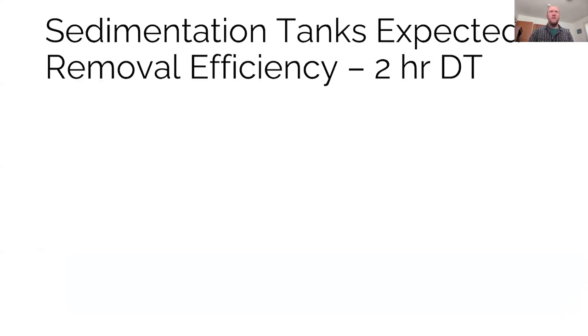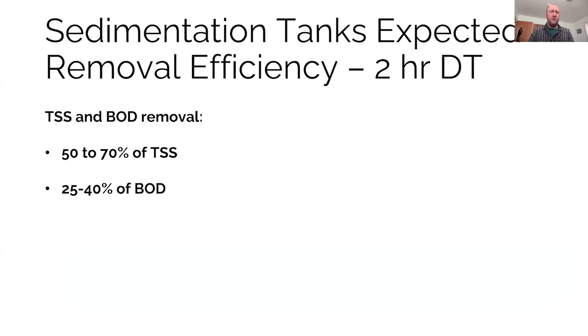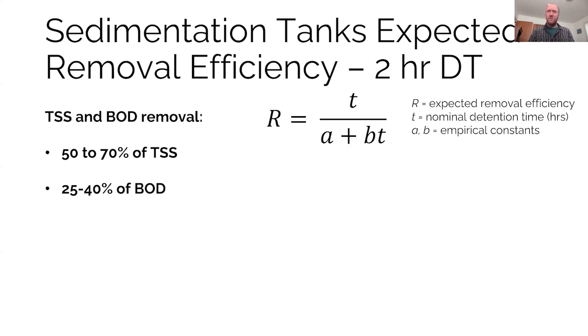Okay, so what's our expected removal of total suspended solids and biochemical oxygen demand? We can actually figure out how much of this is removed through our treatment. Some smart people came up with this equation. It's the removal efficiency on one side, and on the other side we have our variables, our nominal detention time, and then these constants.